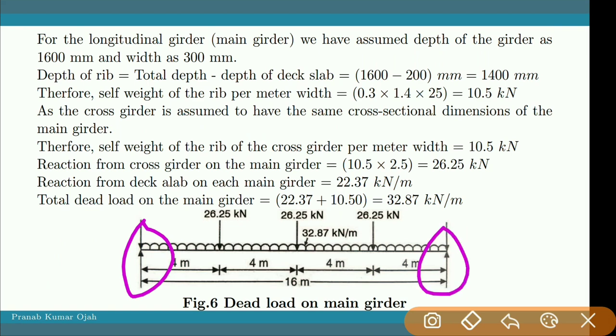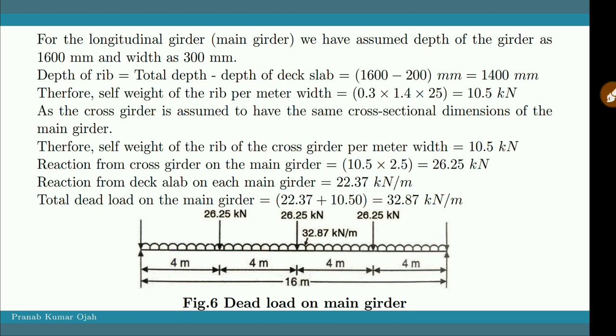If you observe very carefully, the load system on this girder is symmetrically placed, meaning the girder is symmetrically loaded. So both supports will carry half of the load acting on the girder, meaning both supports will have the same reactions, and each will be half of the load acting on the main girder.